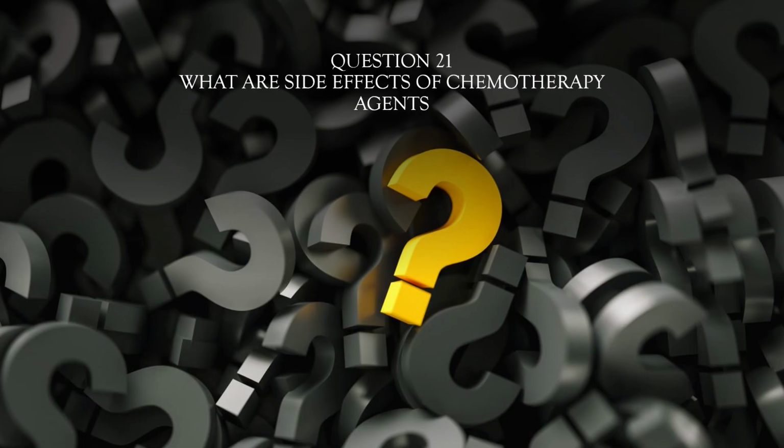What are side effects of chemotherapy agents? There's a lot, right? Anorexia, nausea, vomiting, alopecia, leukopenia, infections, reproductive problems. Chemotherapy agents can destroy healthy cells too. Remember that. They do not have the ability to say, "Oh, you're a good cell, I'm going to leave you alone.